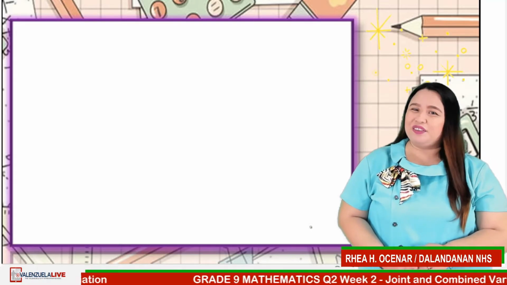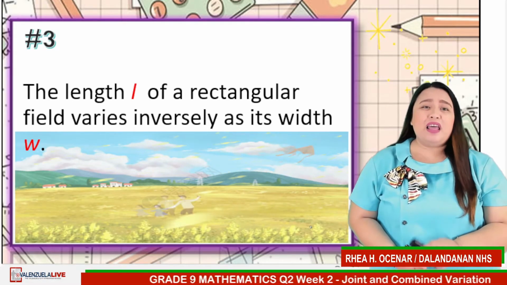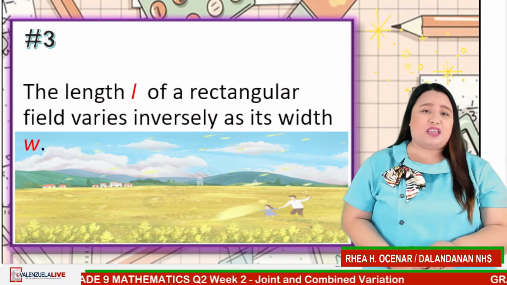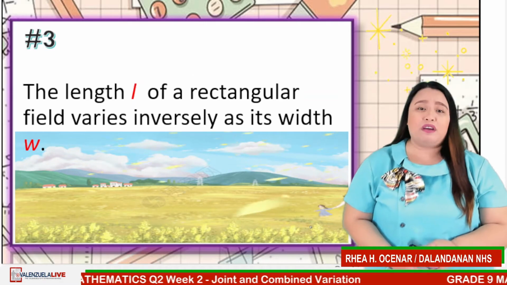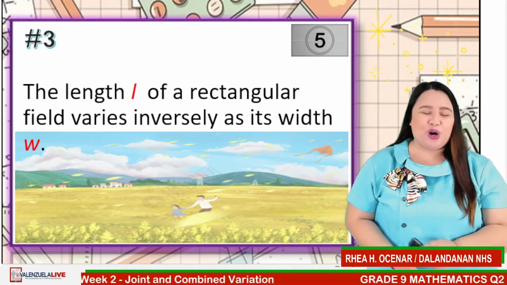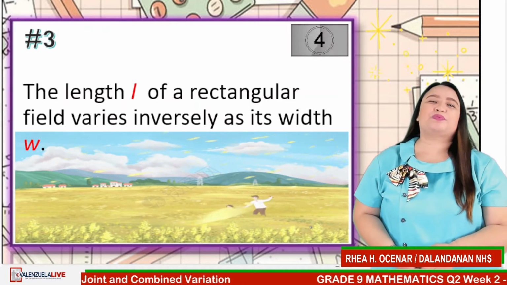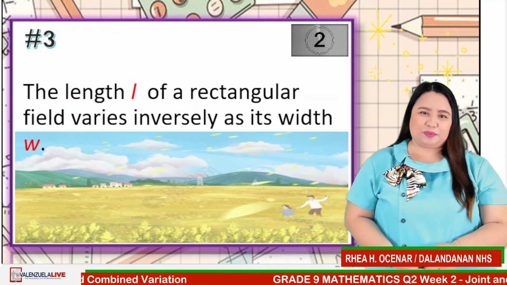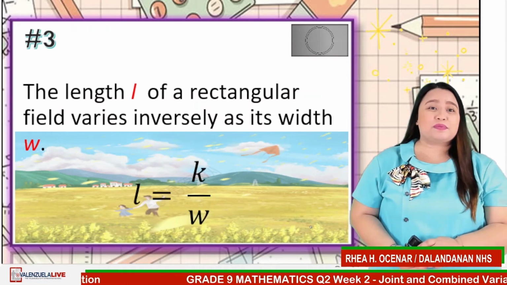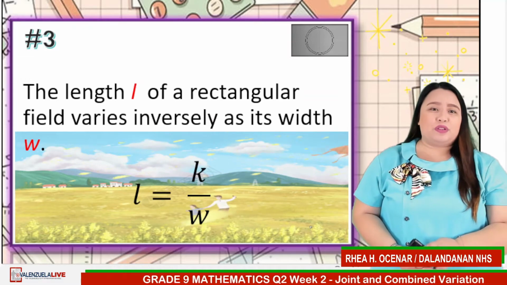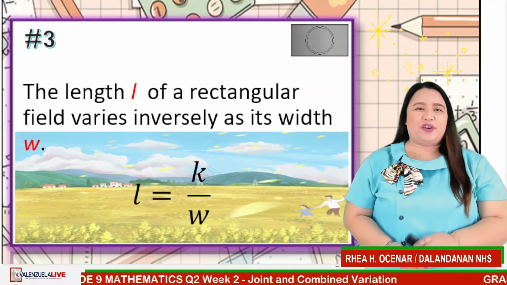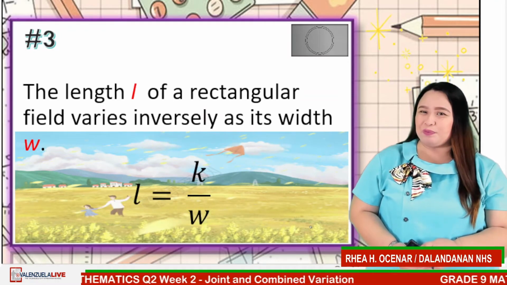Statement number 3. The length L of a rectangular field varies inversely as its width W. 5 seconds to answer. Go. The correct answer is L is equal to K over W. If you got 3 correct answers, you are awesome.